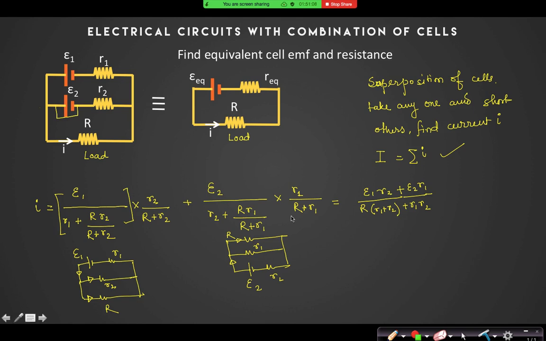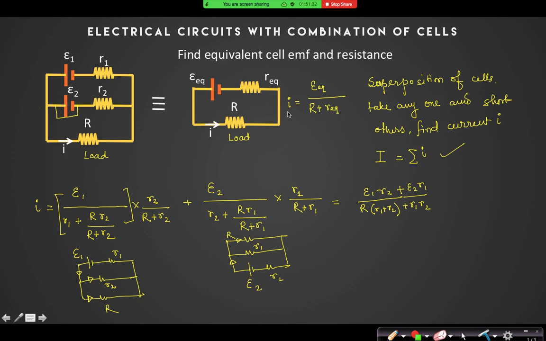Now look, in this equivalent circuit, if I ask you what is the value of current, what should be your answer? In the given terms, E equivalent by R plus R equivalent. Right?